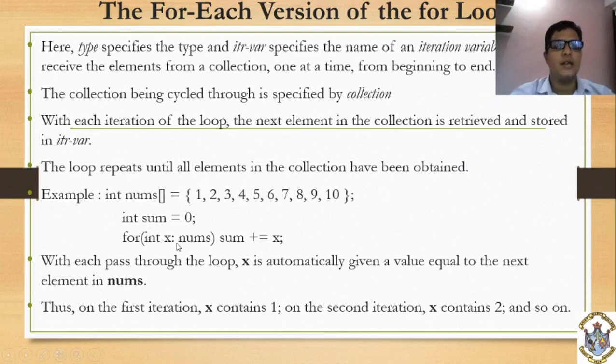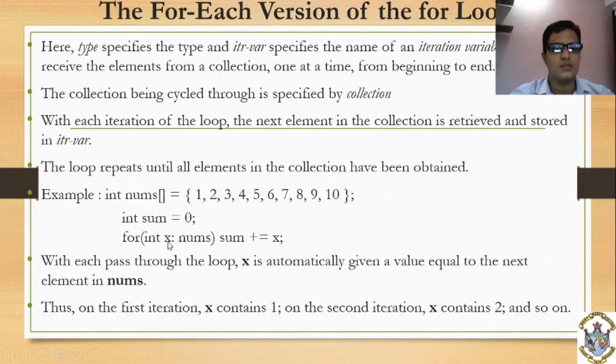For int x, I am taking the counter variable. How long should this counter variable be evaluated? Till nums, the set of array values, whose length is 10. So this block of statements repeatedly executes till the last element. Automatically it takes the first element. Here sum plus equal to x means sum is equal to sum plus x, that is 0 plus 1.